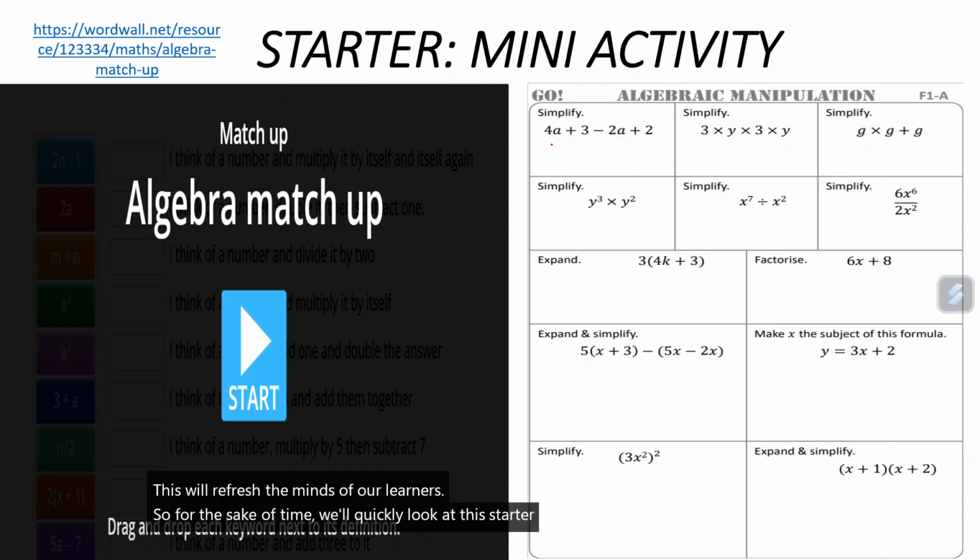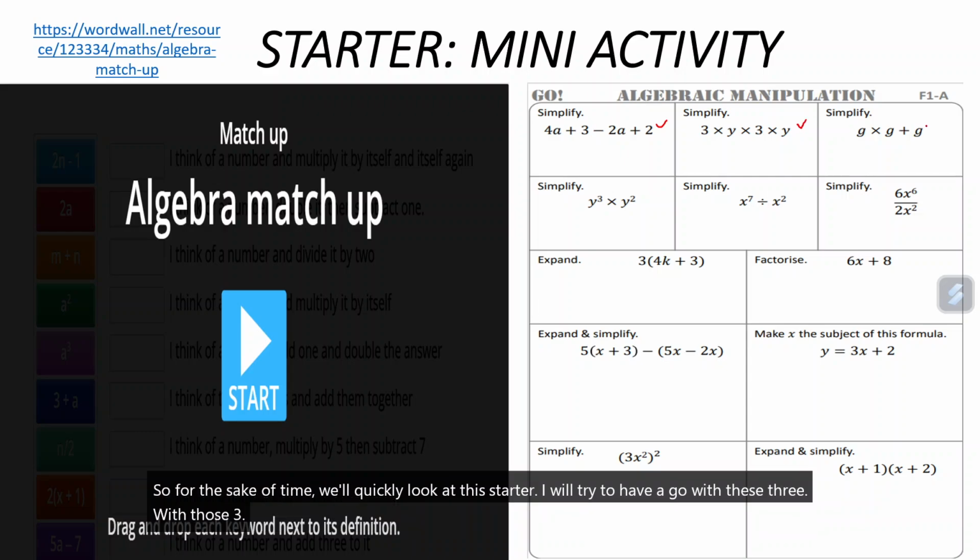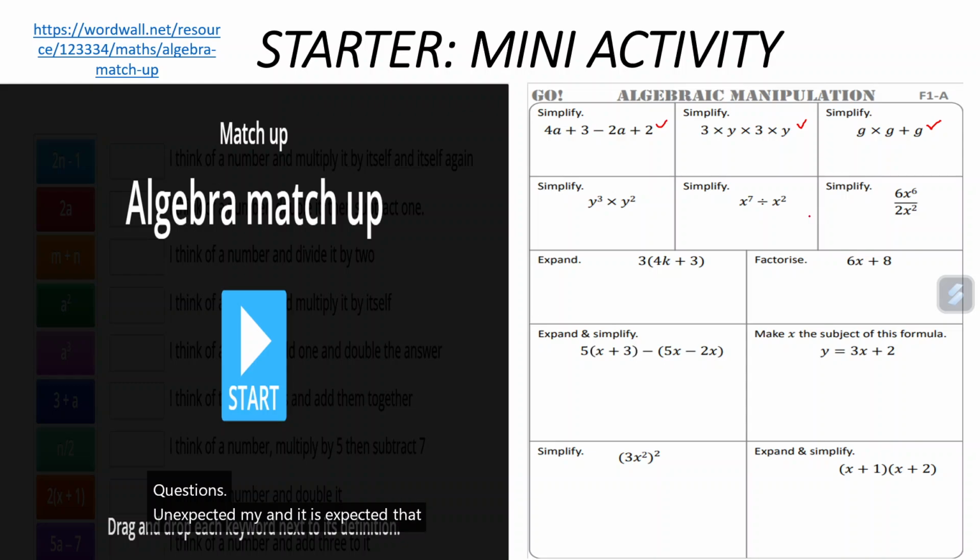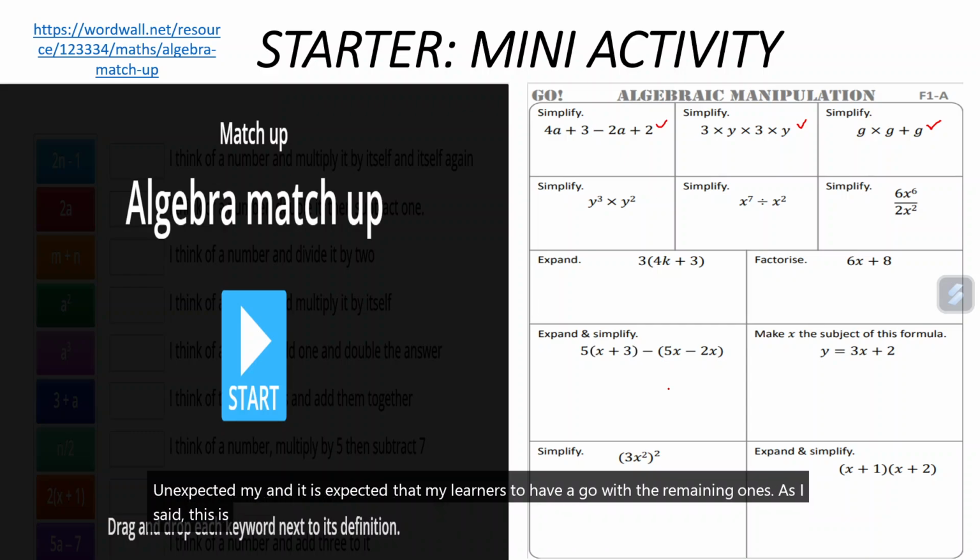I'll try to have a go with those three questions, and it is expected that my learners have a go with the remaining ones. As I said, these are starter questions. This is just to help remind ourselves on how to solve questions on algebraic manipulation.